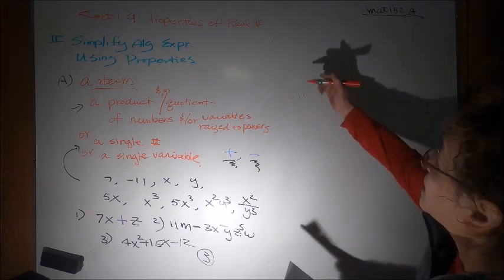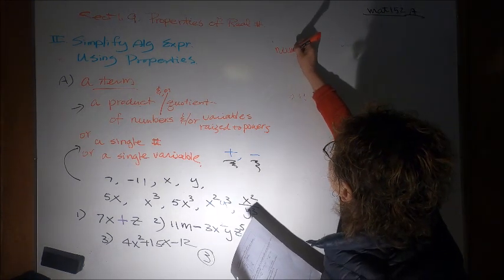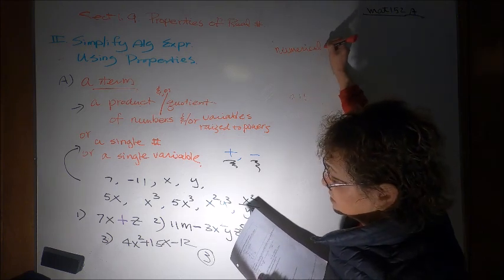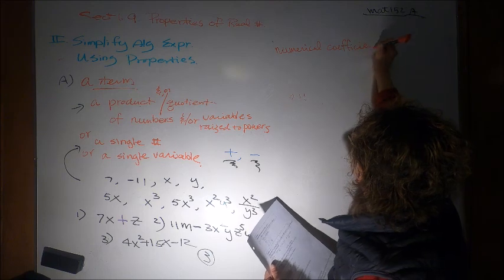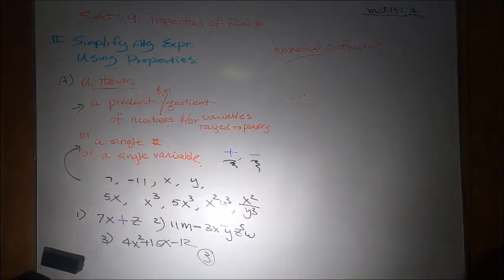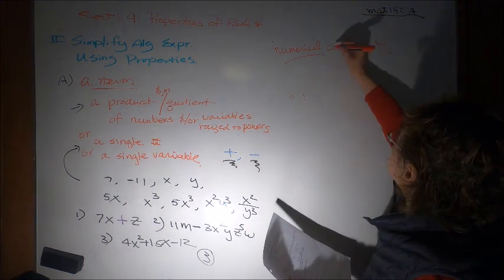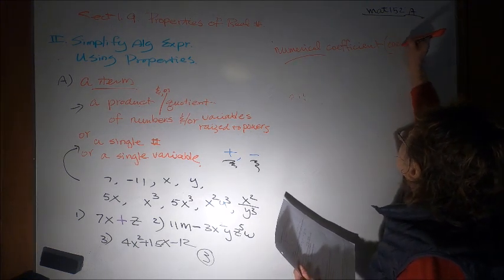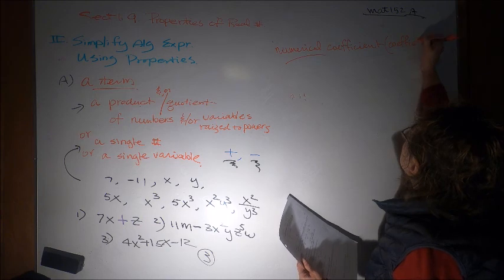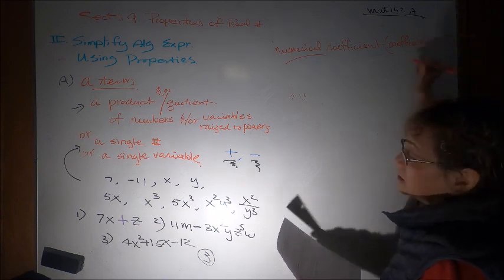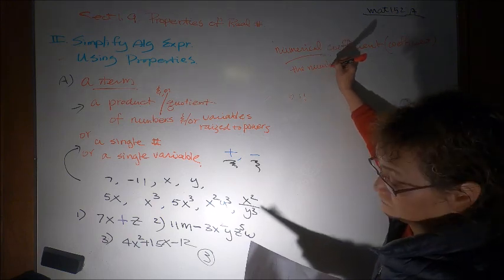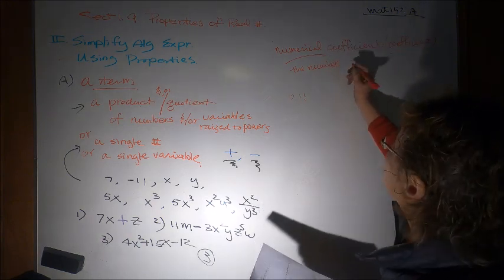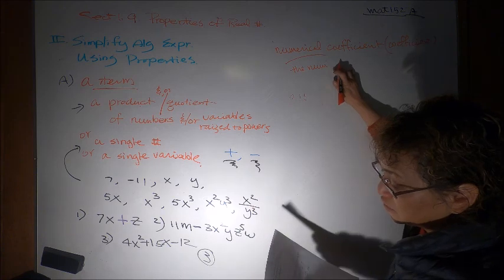We are going to talk about something called numerical coefficient. What does numerical mean? Some kind of numbers. Coefficient, sometimes numerical coefficient, we just say coefficient, right? Which is what? The number, the numerical part of it.